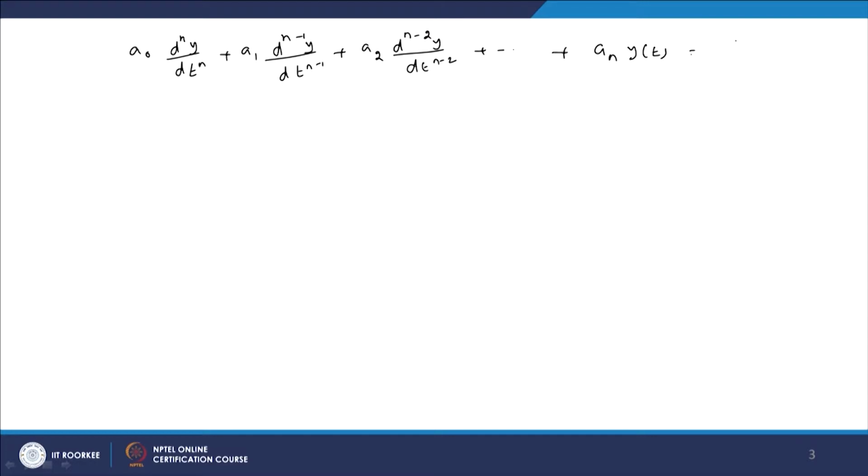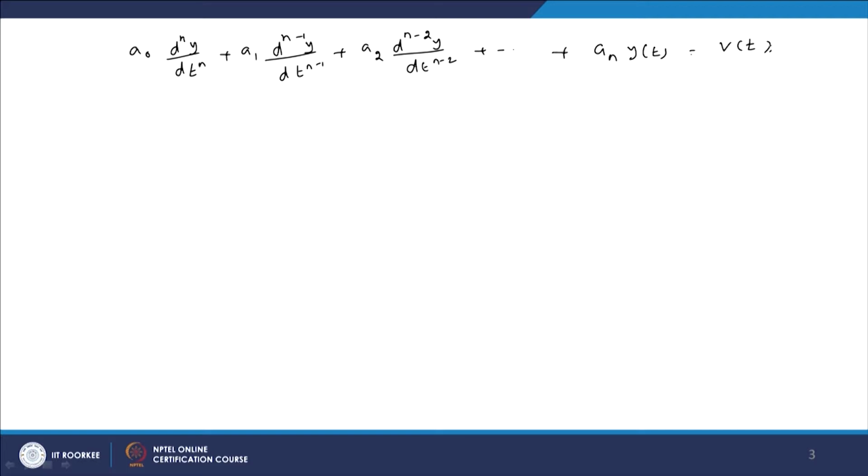So, let us see from where we obtain the companion form. For that, let us consider the differential equation of order n: a0 d n y by dt n plus a1 d n minus 1 y by dt n minus 1, plus a2 d n minus 2 y, etc., plus a n into y of t equal to some function v of t.